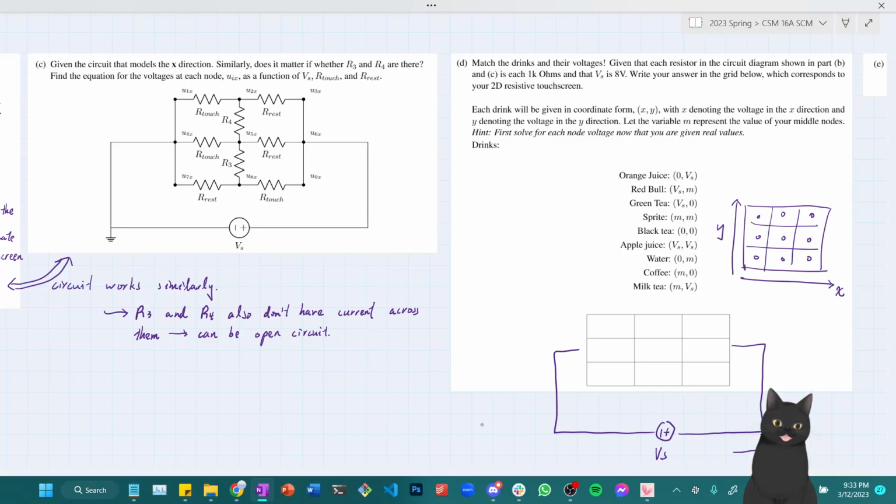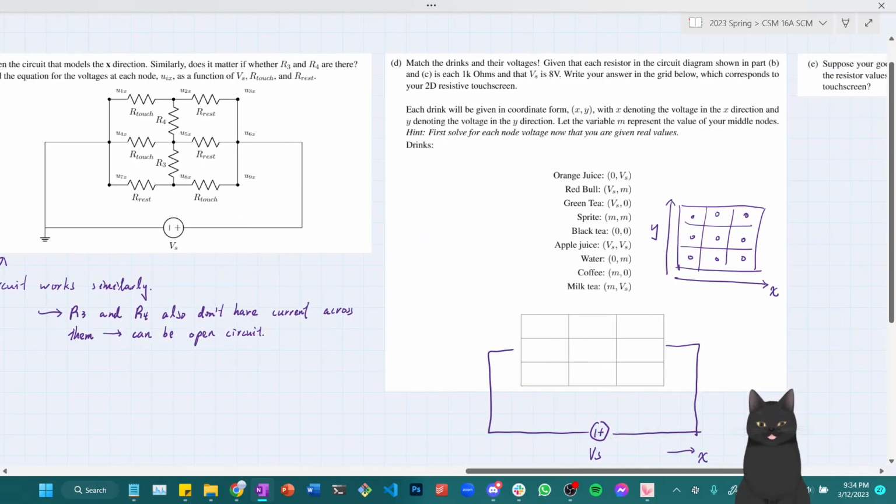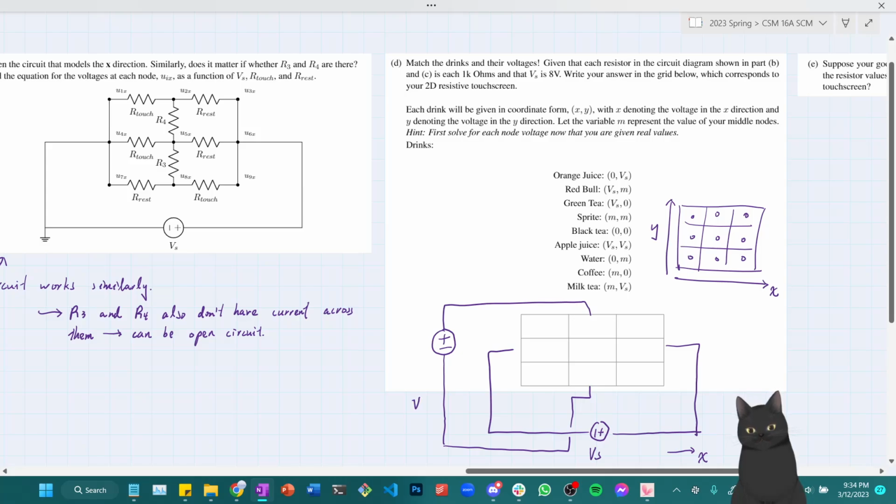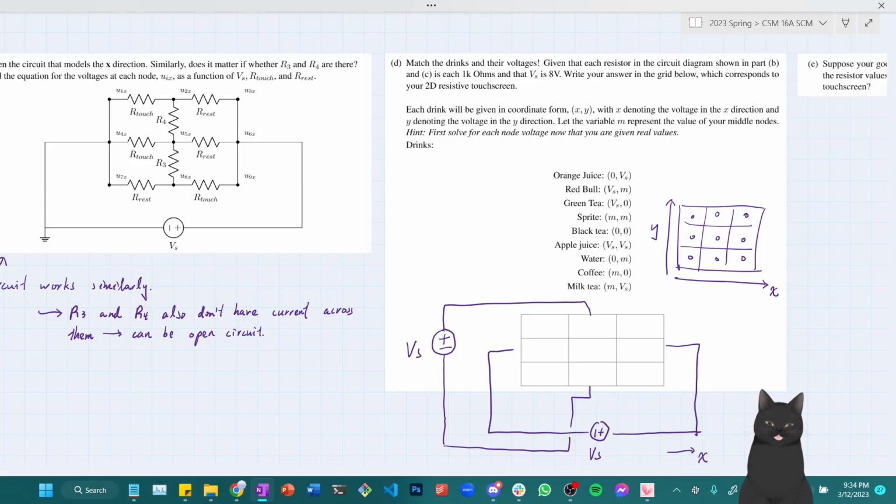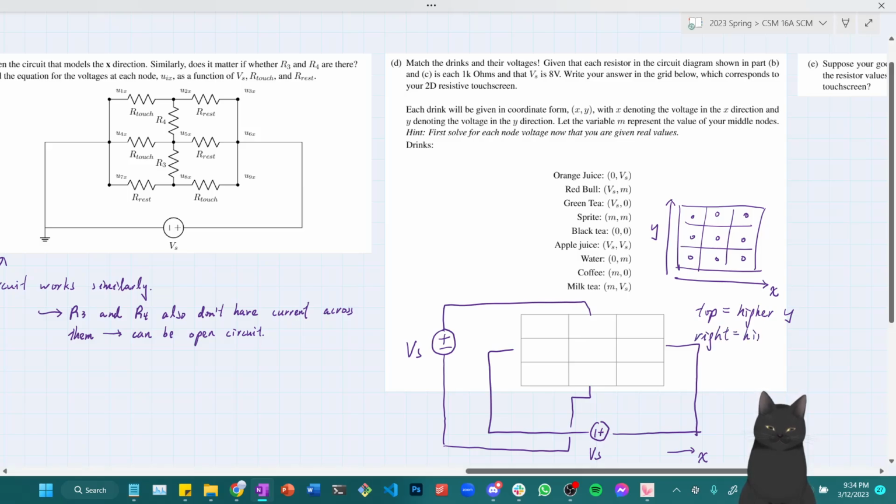Meanwhile, I also have a vertical circuit that I just skimmed from part B, and it has the voltage source linked this way. So I know that when I'm at the top, I have a higher y, or a higher voltage in terms of y coordinate. And when I'm at the right, I have a higher x coordinate, which means a higher voltage in the x direction.